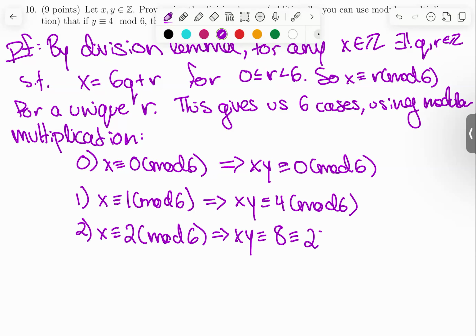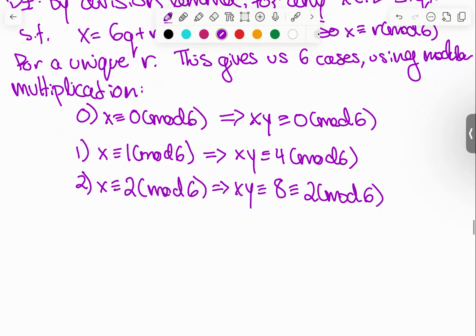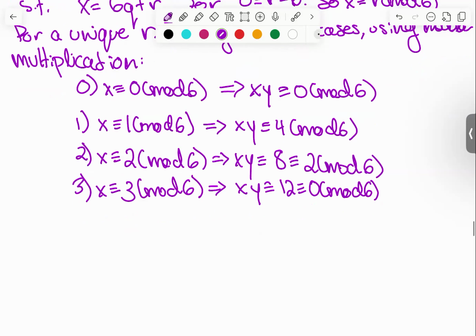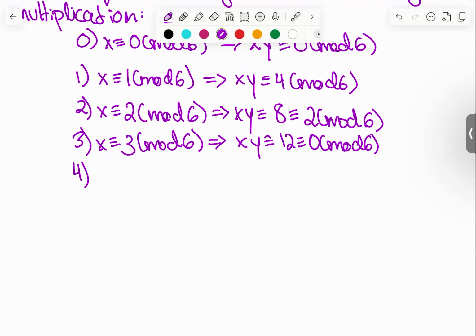And so that's 2 mod 6. 3, when x is 3 mod 6, x times y. 3 times 4 is 12, which is 0 mod 6. 4.